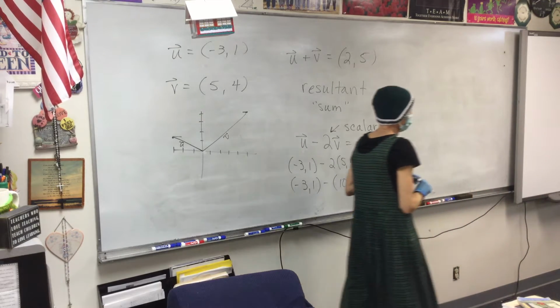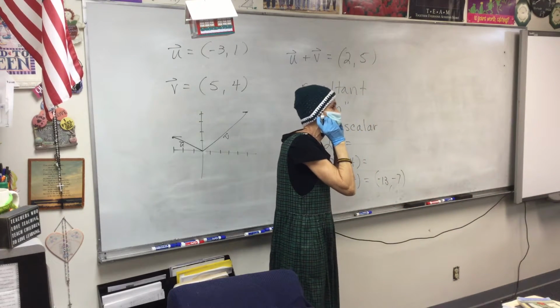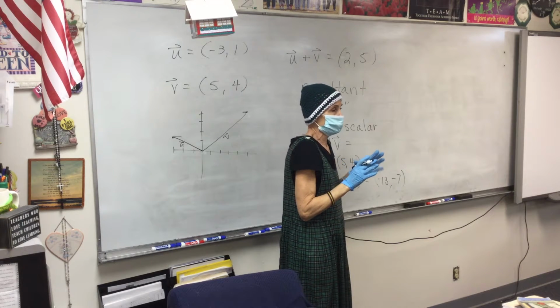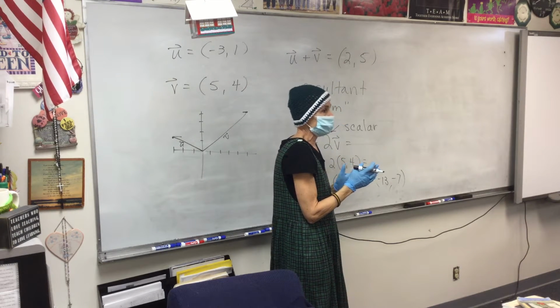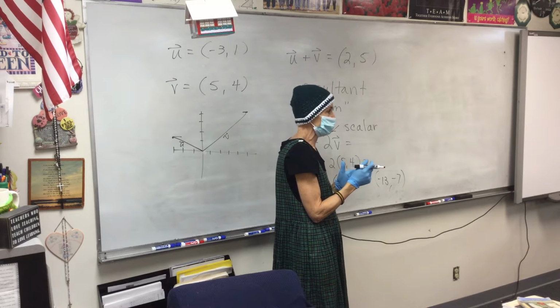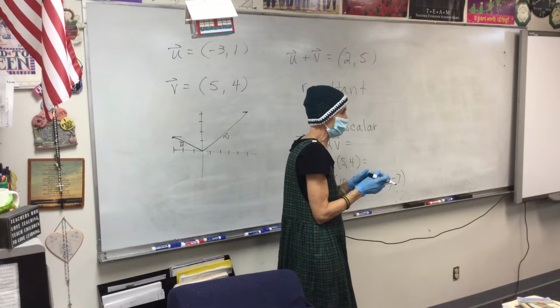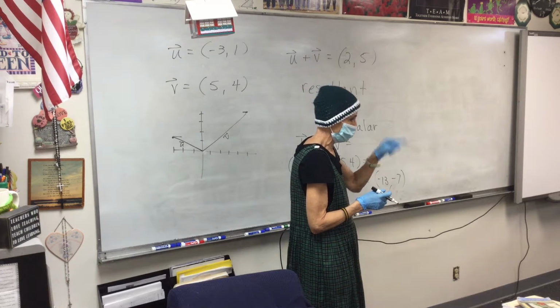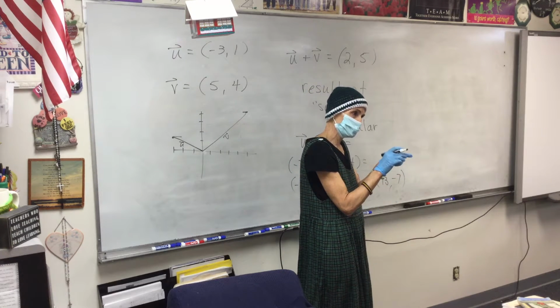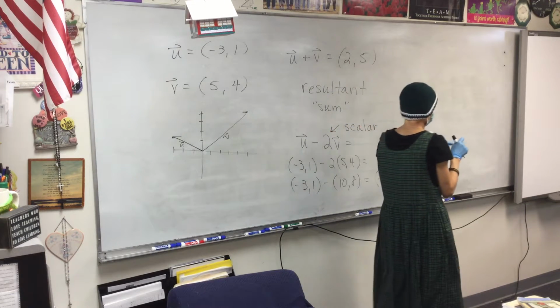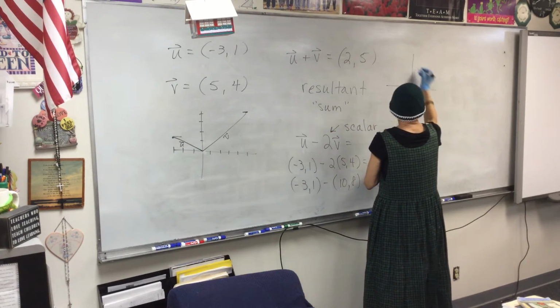In vector land, it is often wonderful to have vectors whose magnitude is 1. Now what does that mean? Magnitude is length. So we like vectors who have a length of 1. Now you are already very familiar with some of those vectors.